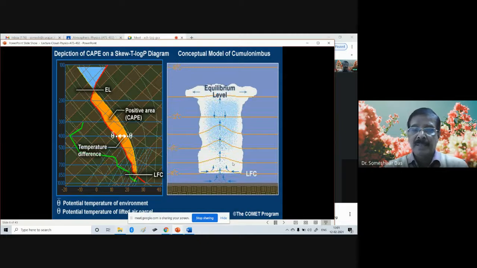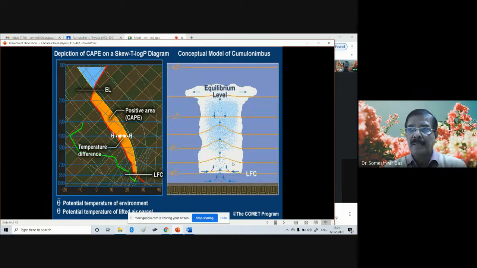If the air is completely clean or pure, then it requires very high supersaturation in order for the cloud droplets to form.